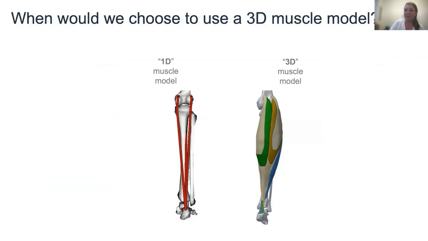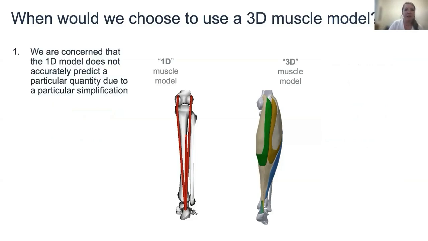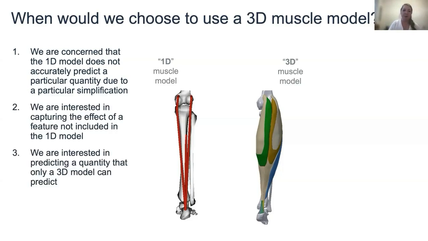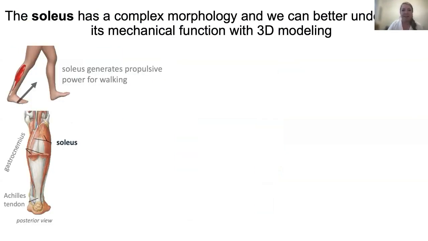But 3D models really do have some advantages for specific research questions. If we are concerned about a particular quantity that is simplified in the 1D model, a 3D model would be a chance to examine that, or to capture a specific feature or effect, or predict a quantity that the 1D model can't predict. I'll go through a very brief example, the soleus muscle.